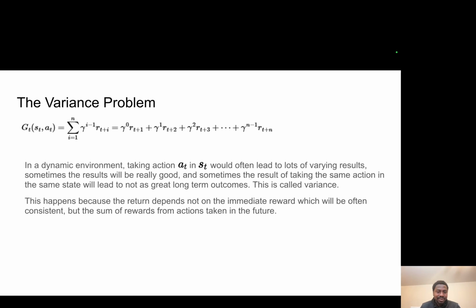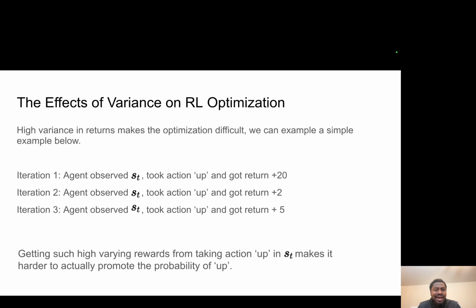Sometimes this can lead to a very high variance, by which taking the same action in the same state doesn't always lead to great outcomes. And that's because it depends on rewards from the future. If you think about it this way, let's say we have an example where an agent took an action, up, in state ST. Let's say you're running your training and in iteration one, you got a return of plus 20.